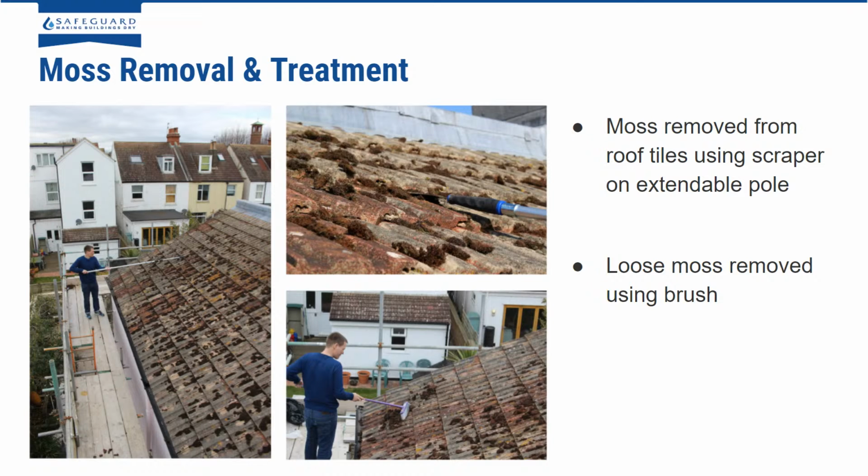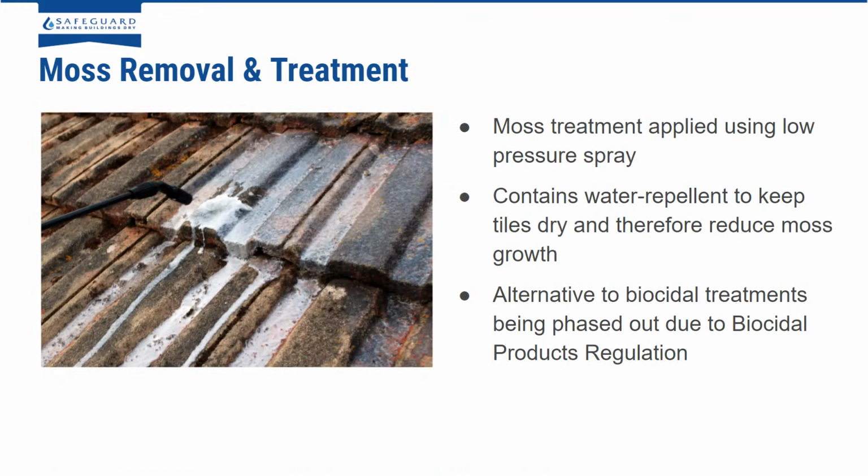So in this situation, a good practice is to remove the moss using a scraper or an extendable pole. You can get scaffold towers, which can be rented for about £40 a day, I think. And then you can treat the moss with a low pressure spray, using some form of multi-surface biocide to kill any moss and any spores in the roof tiles.